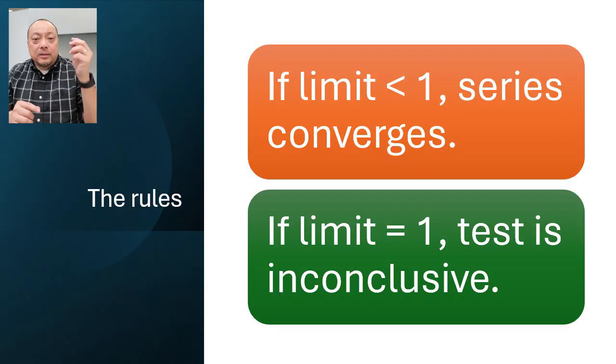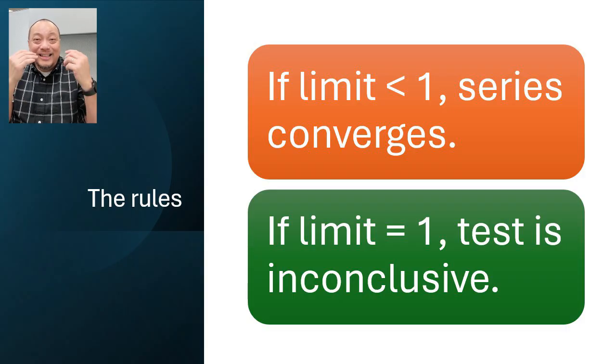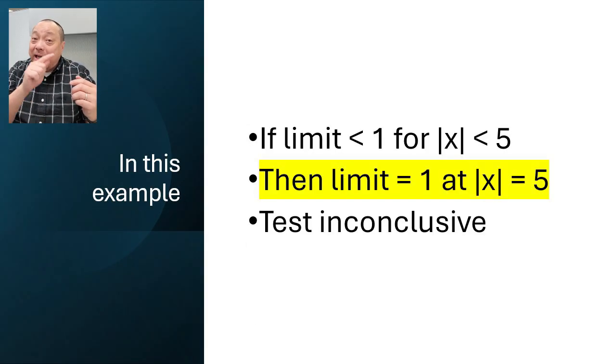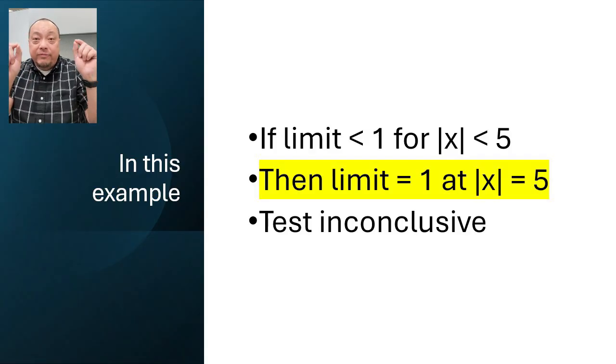Why? Remember that the ratio and root test says if the limit is less than 1, the series converges. Great. But if the limit is equal to 1, the test is inconclusive. And that is what's happening at negative 5 and 5. At the endpoints, the ratio and root test would result in equal to 1, and it would be inconclusive.